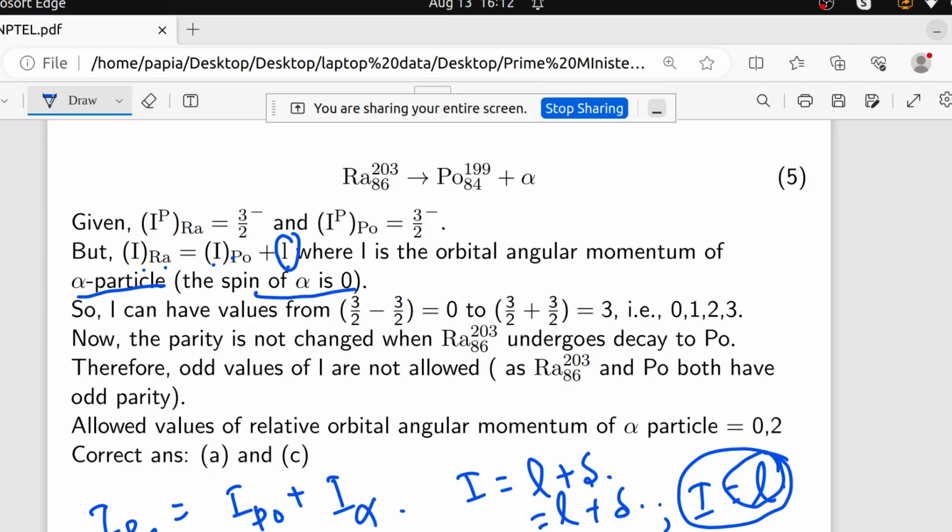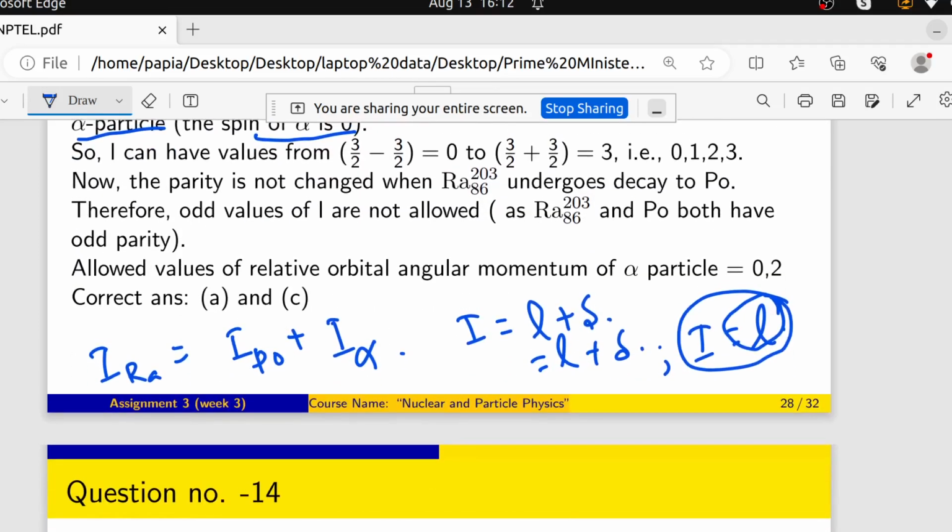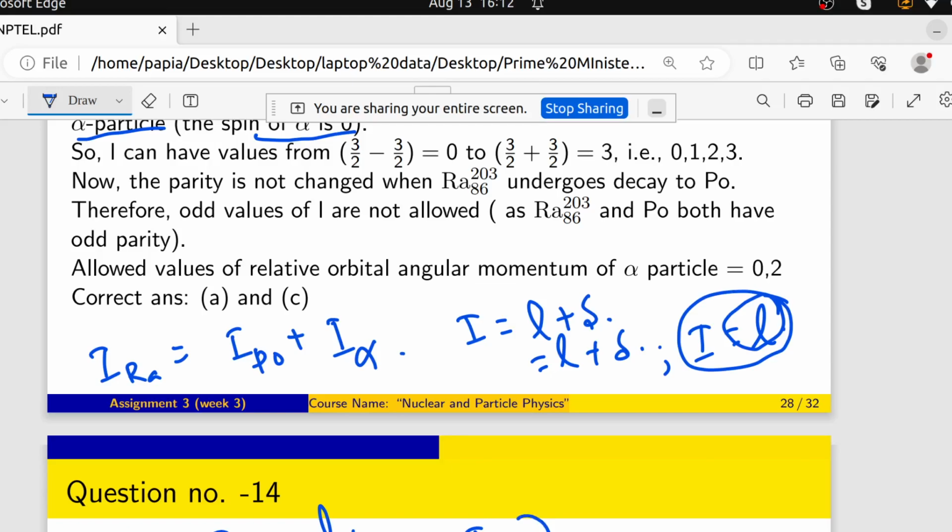So I can have the values from 3/2 minus 3/2. Okay. So here, what was that? Yes. So I of RA equals I of PO plus L alpha. So L alpha is what? I of RA minus I of PO. And this is a vector addition, right? So in the vector addition, what will be the value? I of RA was 3/2.